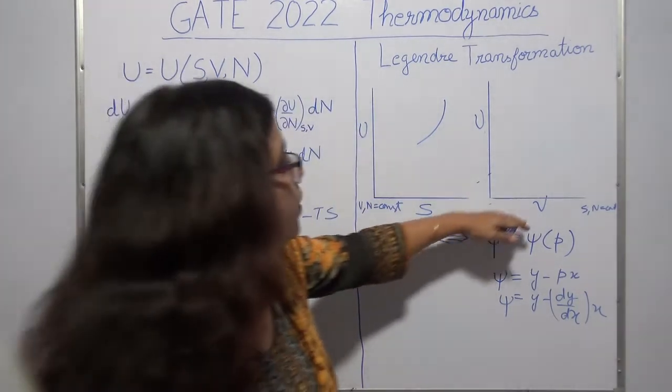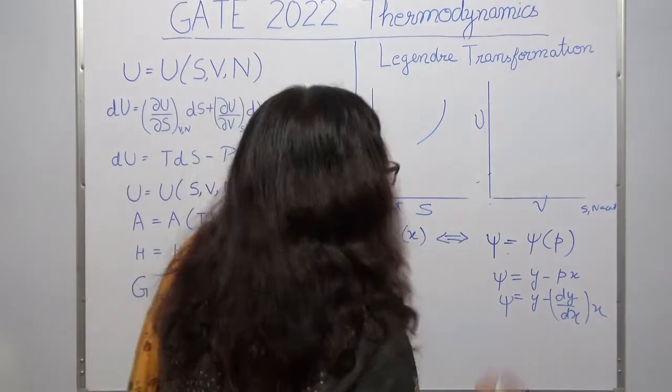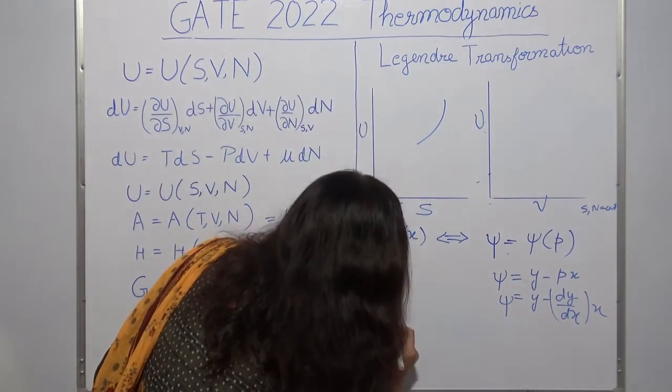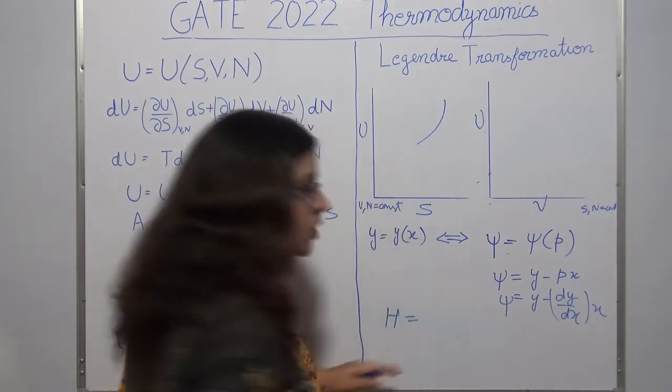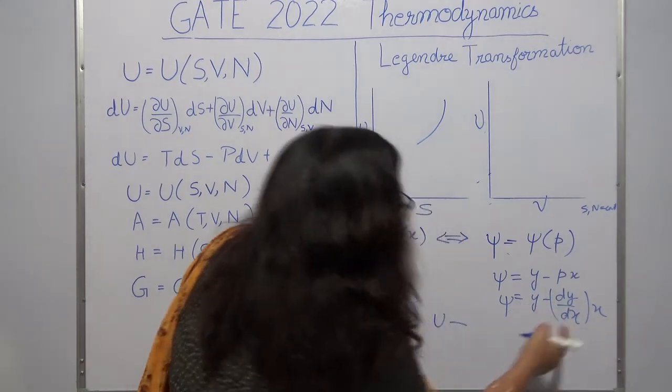Now I am doing Legendre transformation with respect to V. So let's again write. Now I am defining another function, I will call it H. Again your y is U. dy by dx is what?